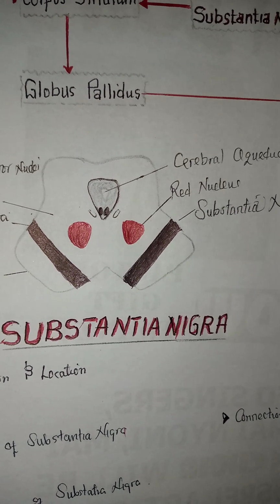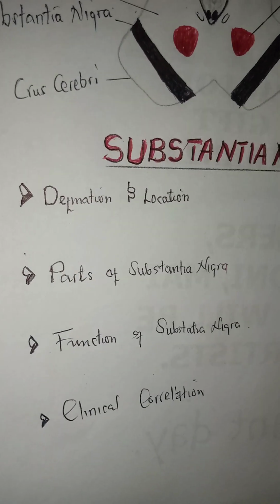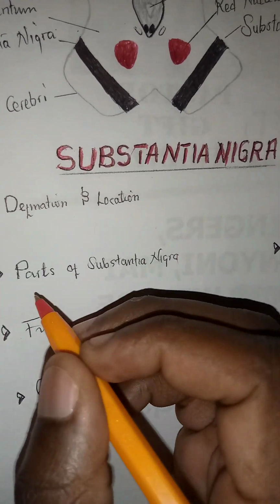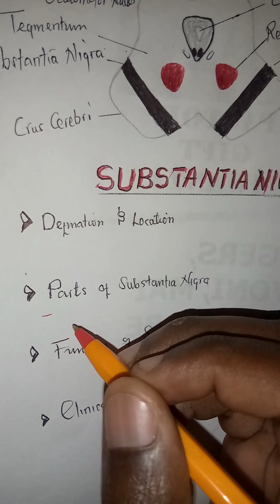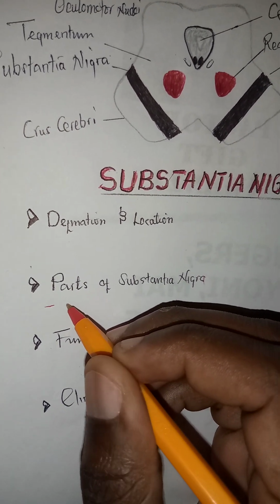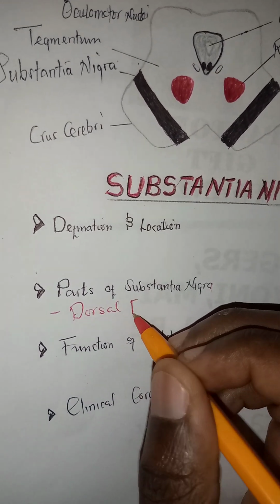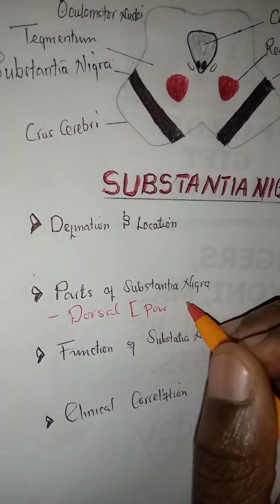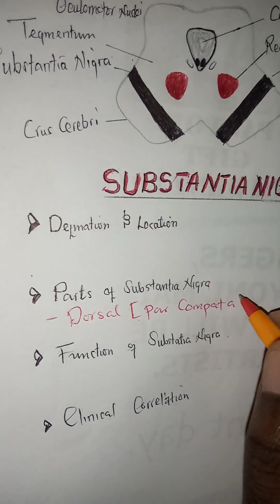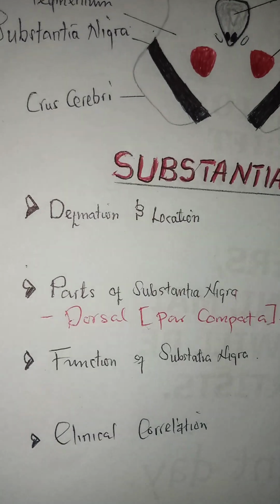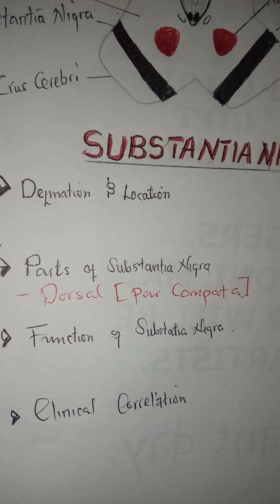So now let's talk about it in terms of its parts. The substantia nigra is basically divided into two main parts. We have the dorsal part, which is called the pars compacta. This pars compacta is involved in the production of the neurotransmitter called dopamine.